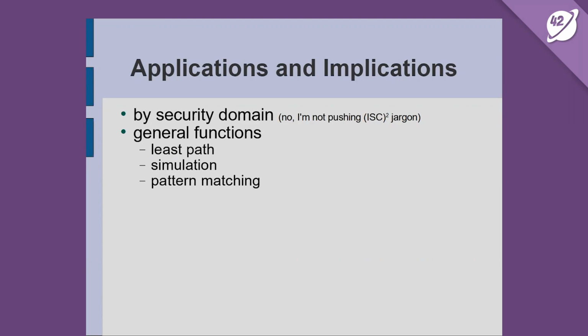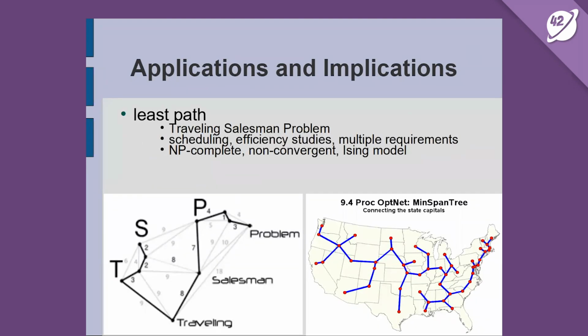But the general functions that we're going to be looking at here are the same ones that the D-Wave can do: looking at least path calculations, doing simulations, doing pattern matching. And for the least path problems, the big example that people use is the traveling salesman problem.